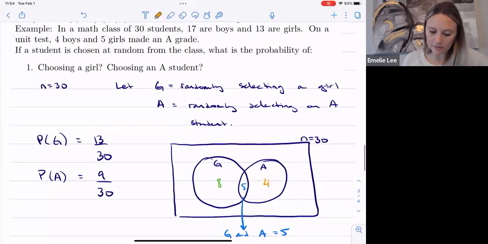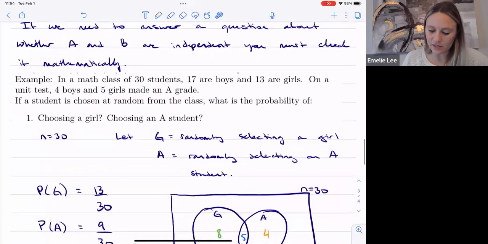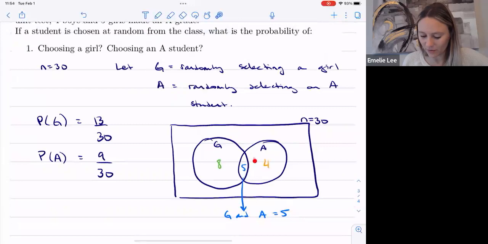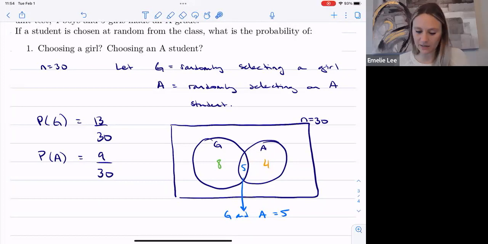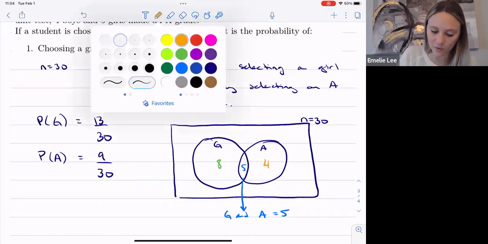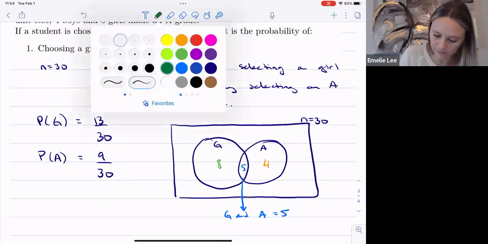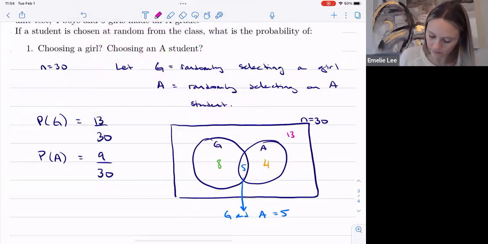And then I have a total of 17 boys, but 4 of them have already been counted here in this kind of half moon, I call it often. And so 17 minus 4 is, what color haven't I used? Maybe pink.